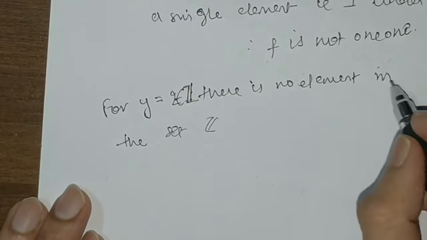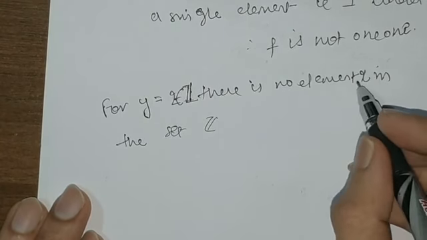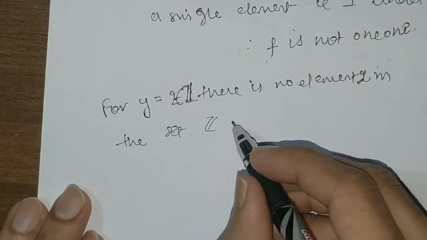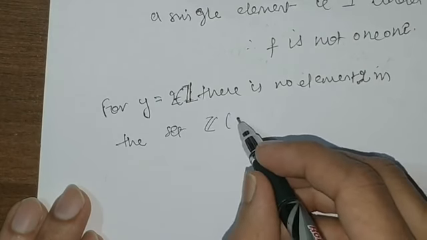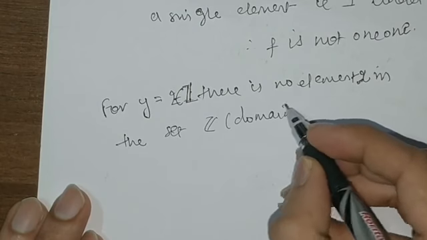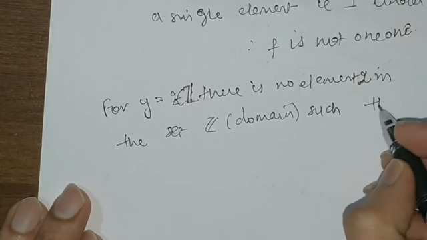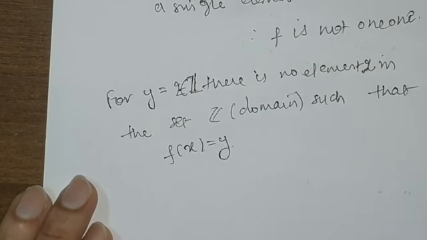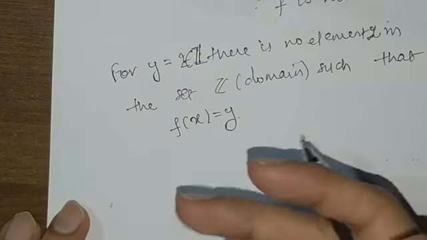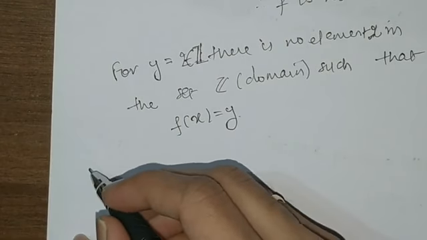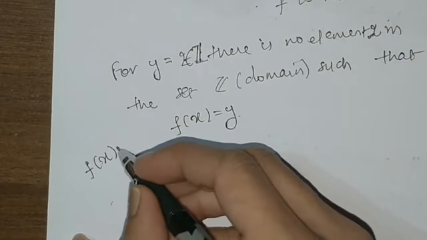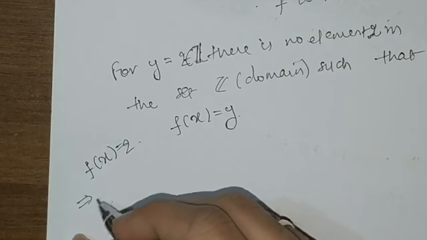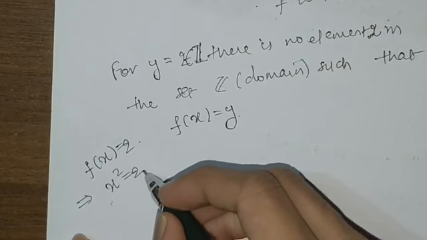There is no element x in the domain such that f(x) is equal to y. So if you have f(x) is equal to 2, that means x square is equal to 2.